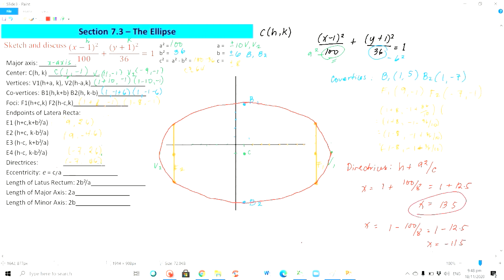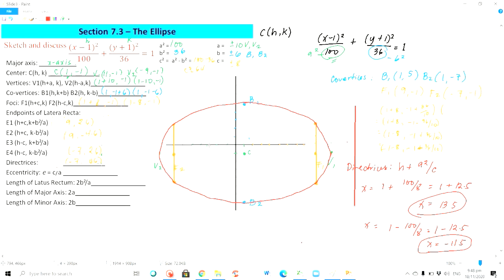Okay, so subukan natin i-plot itong dalawa nito. So this is 10, 11, 12, 13.5. Okay, so nandito yung points na yun. And then the other one, negative 11.5.